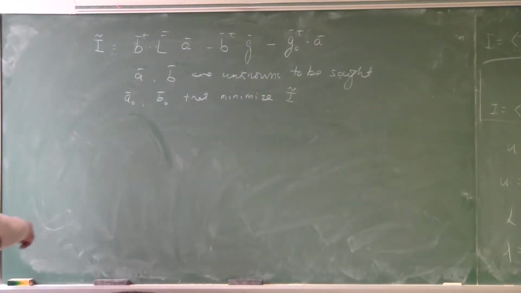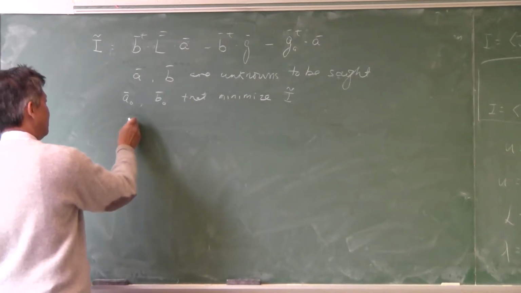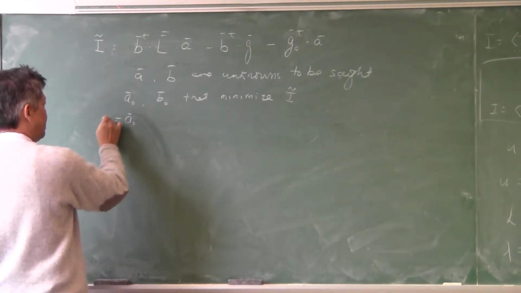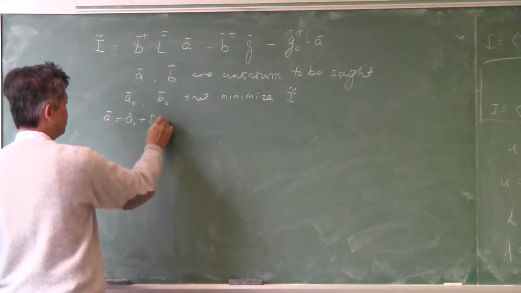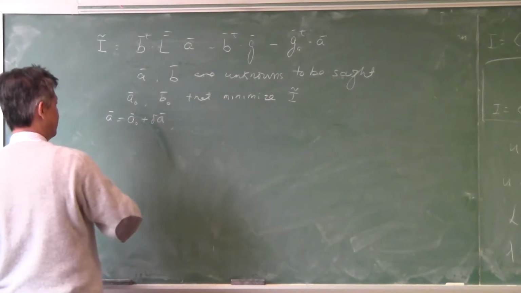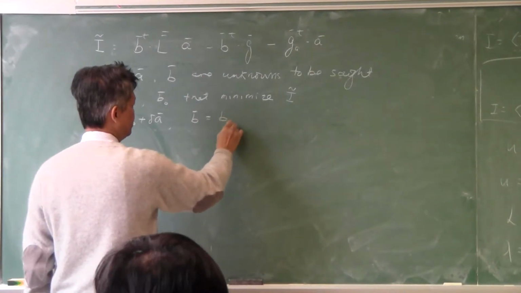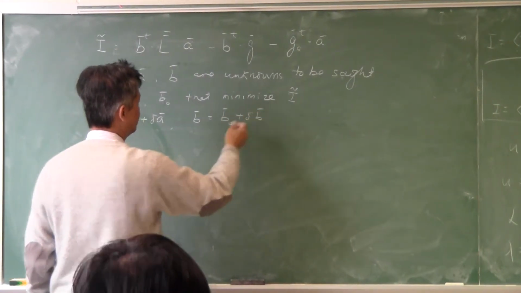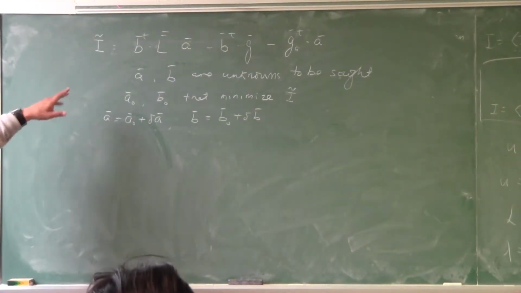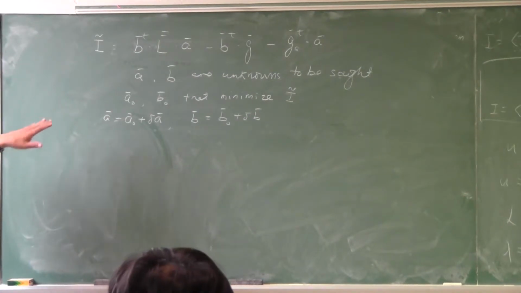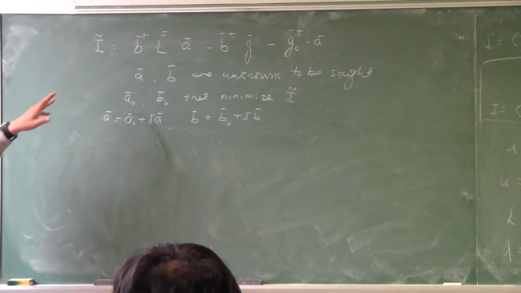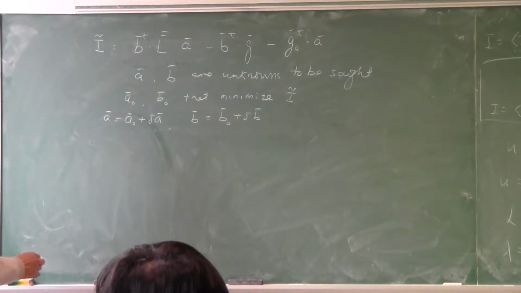And then if you perturb the solution A about the optimal solution, departing by delta A from the optimal solution, B is B optimal plus delta B, then we can show that the optimal solution is a solution to a set of matrix equations. How do we do that?